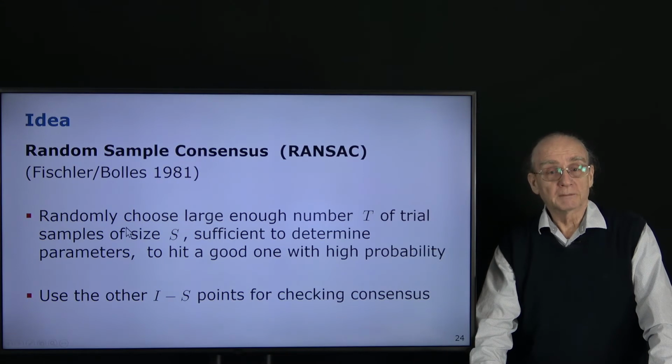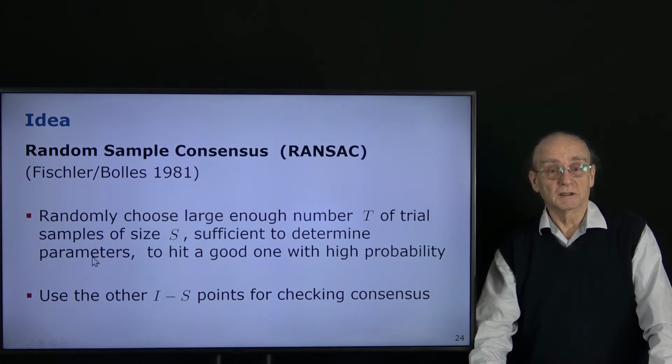So we randomly choose a large enough number, t for trials, of samples of size S. So let's say t is 20 or 50 or 100, and S in our case of similarity would be 3, sufficient to determine the parameters.